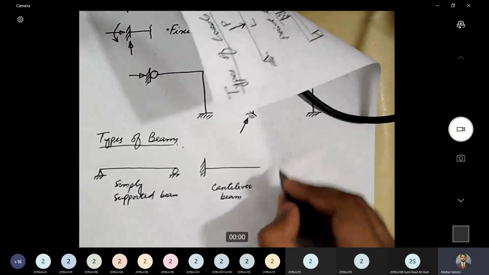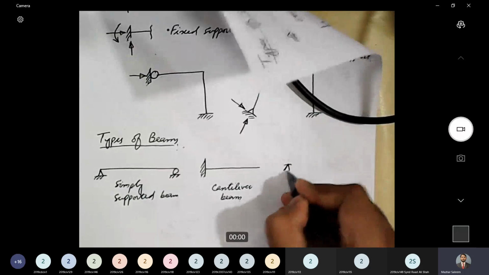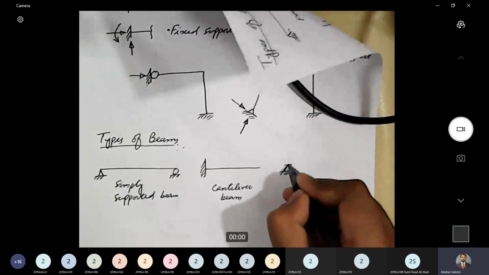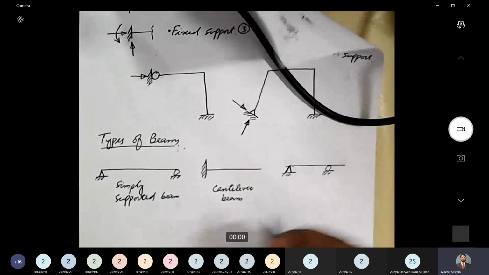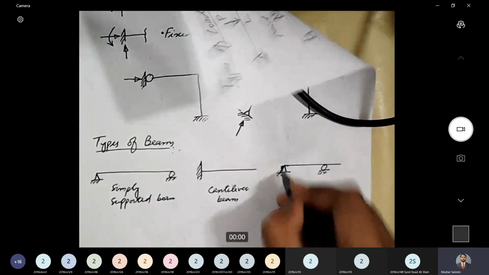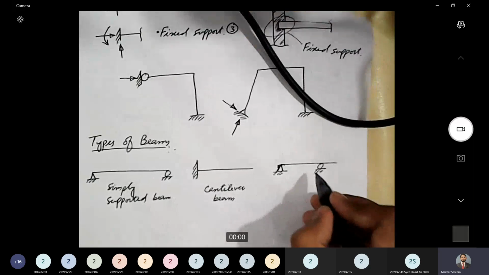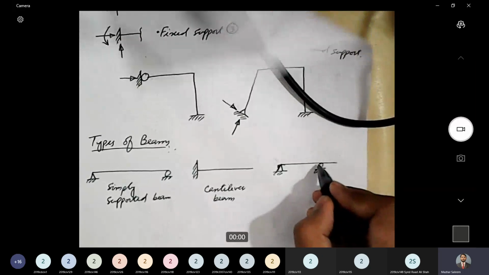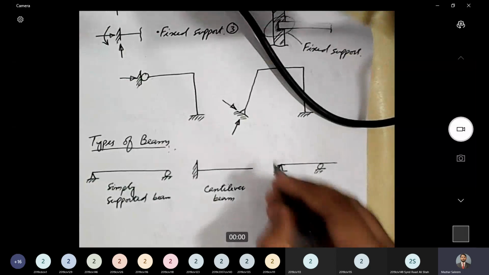Next type is an overhanging beam. Now, what is an overhanging beam? In an overhanging beam, one end of the beam is projected beyond the support. Sometimes even the other end is projected beyond the support.